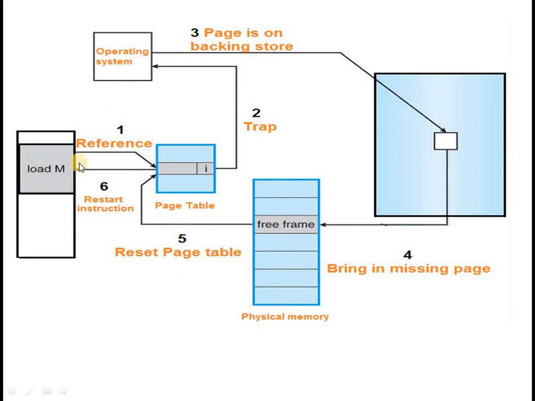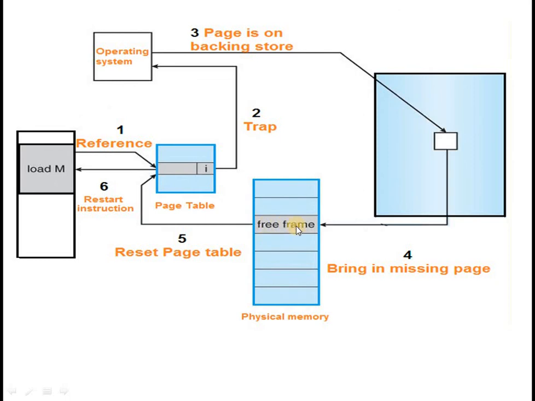First the process is loaded into memory and then it looks for the page for the execution, but the page is not available, so it is invalid. Then it goes to the operating system. The operating system will search for the page frame for the execution, and this frame is found in the secondary memory, meaning outside of the main memory.